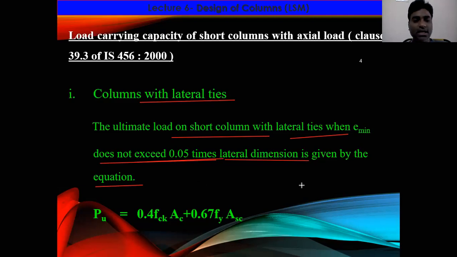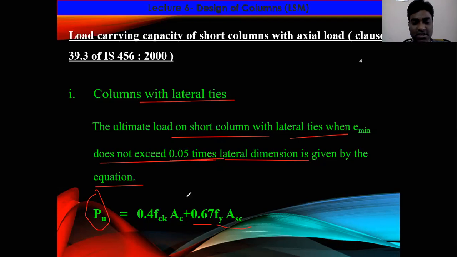Then you can calculate the ultimate load, which is nothing but Pu. Pu is equal to 0.4 fck Ac plus 0.67 fy Asc. So this is the equation used to determine the ultimate load on a short column.